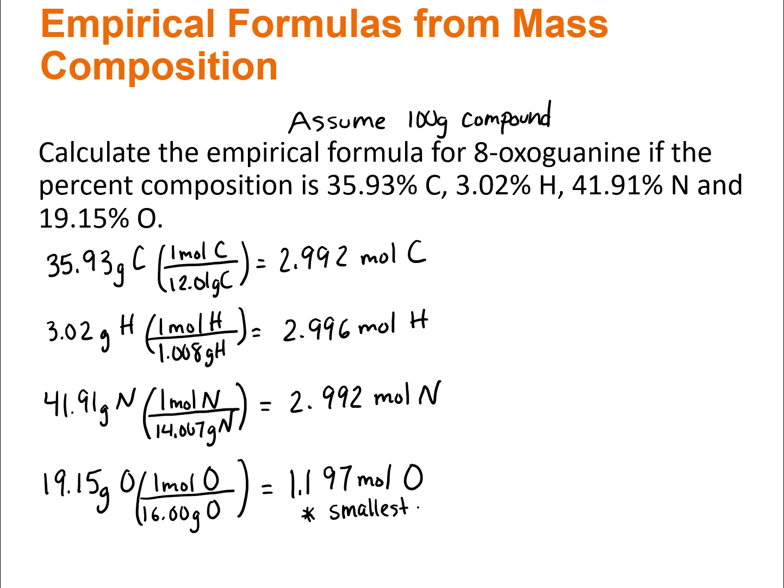We said that the smallest one was the number of moles of oxygen. So you're going to take your moles of carbon and divide by the number of moles of oxygen. And that will tell you how many moles of carbon you have for every 1 mole of oxygen.